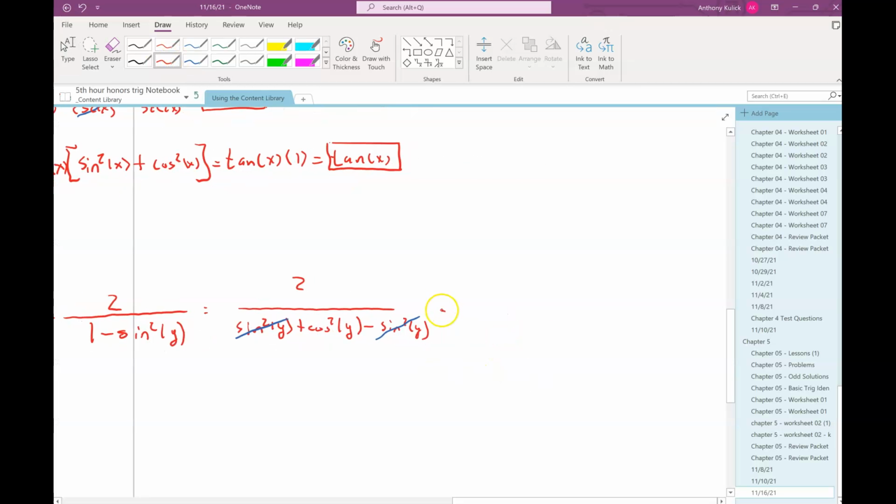So what I'm left with, I'm going to write as 2 separate fractions. I'm going to really think about this as 2 times 1 over cosine squared y. So I just move the 2 from the numerator, like multiplying it to the whole fraction, just so it'd be easier to see that 1 over cosine squared is just secant squared.